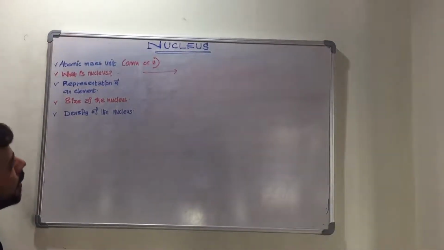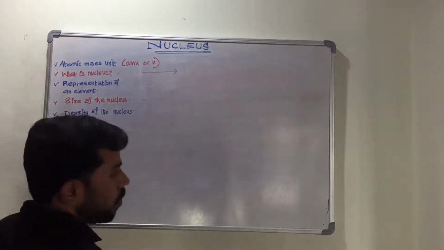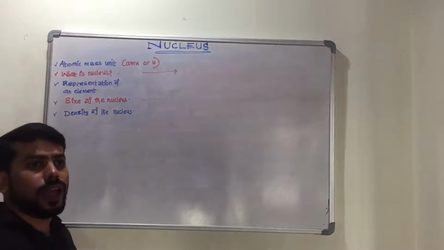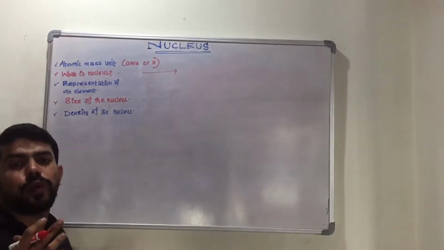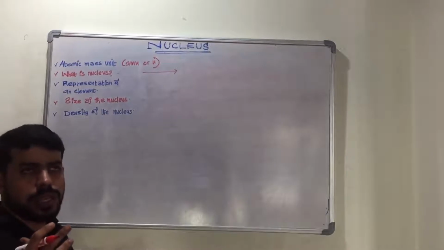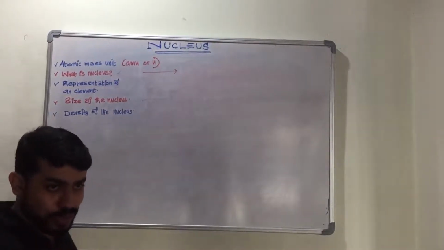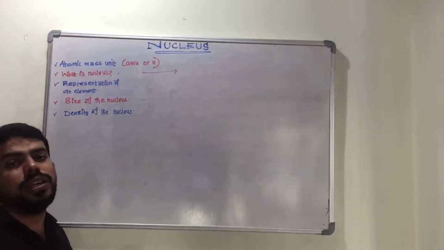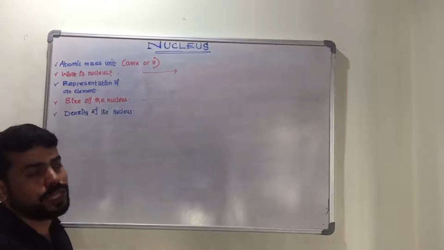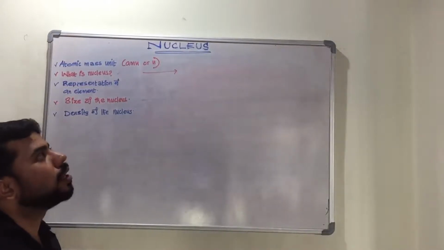How can we estimate the size of a nucleus? The size of every nucleus is not the same. The nucleus consists of protons and neutrons. The number of protons and neutrons varies with atoms. So therefore, the size of the nucleus also varies with atomic number, that means varies with atoms. Different nuclei have different sizes.